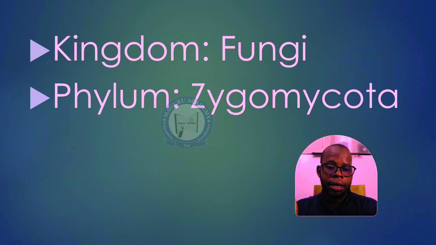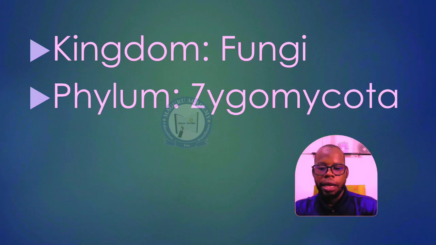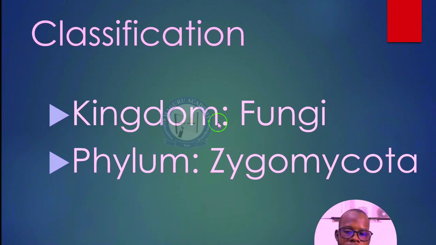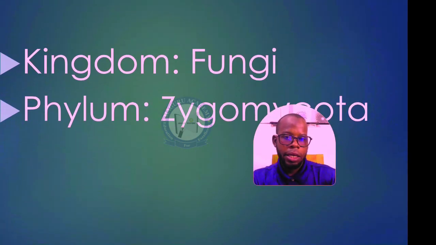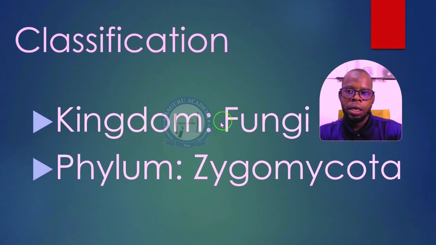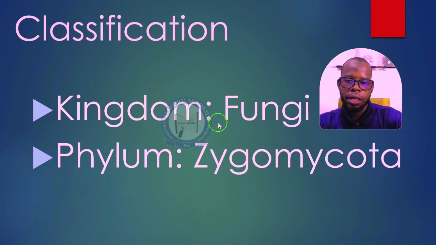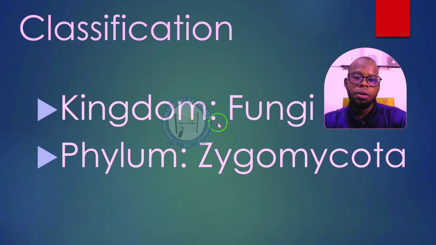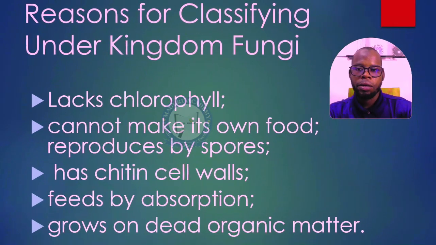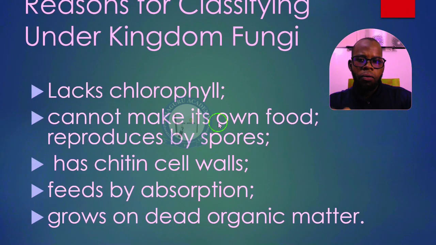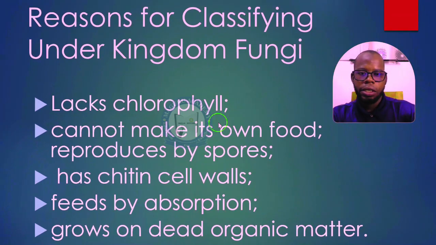When we go to kingdom Animalia, we extend up to the stage of class. So don't think we have forgotten some point. No, we study kingdom Fungi and the phylum Zygomycota.